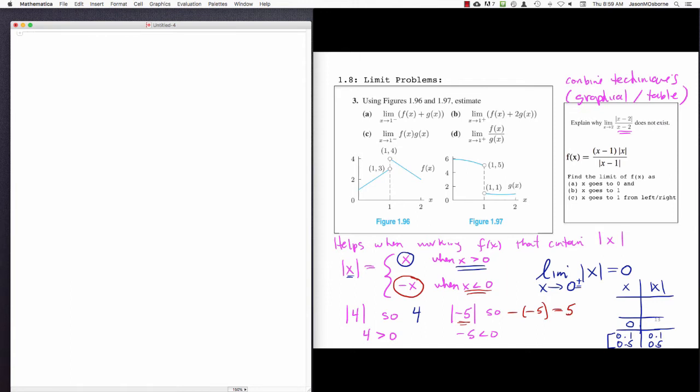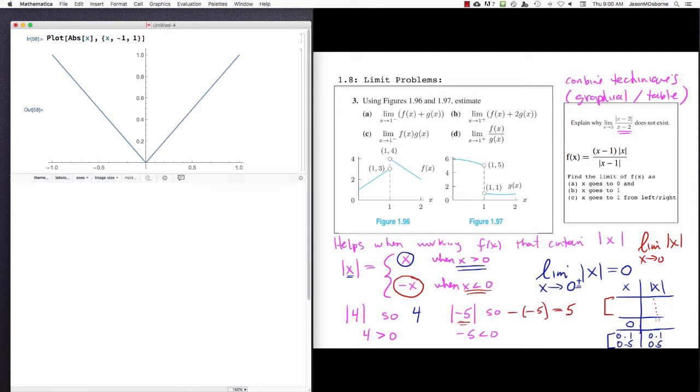If I asked you to compute the limit as x goes to 0 of the absolute value function, you could complete the other part of the table and then see if the left and right limits were the same, and then you could say what the answer was. Or you could create a plot of the absolute value function around 0, which was the point that we're interested in. Here's a graph of your absolute value function.